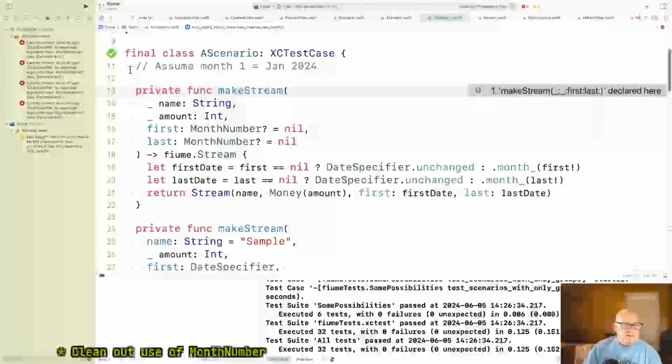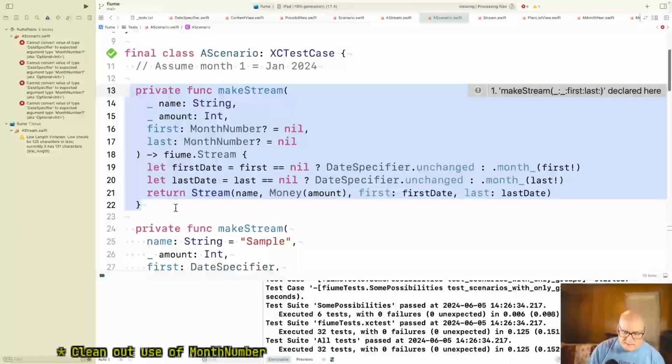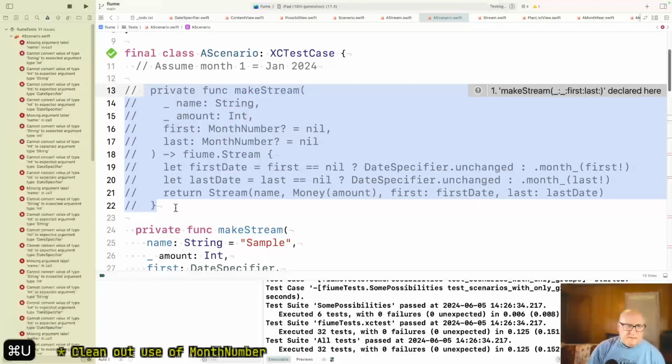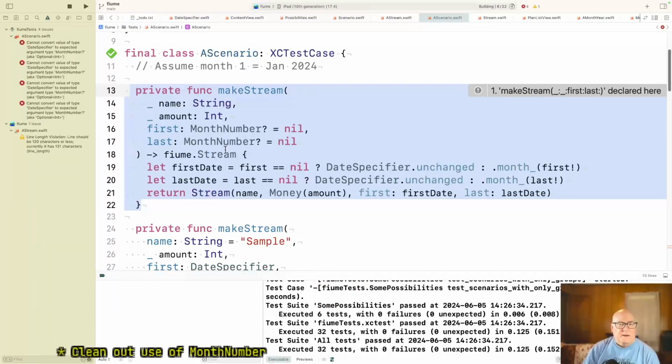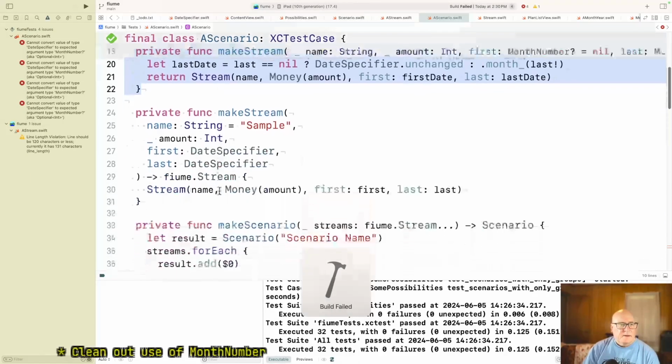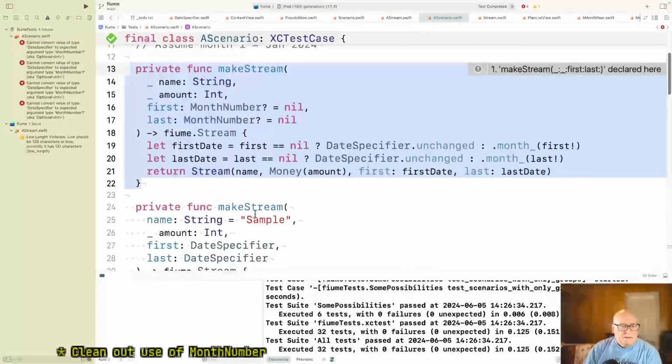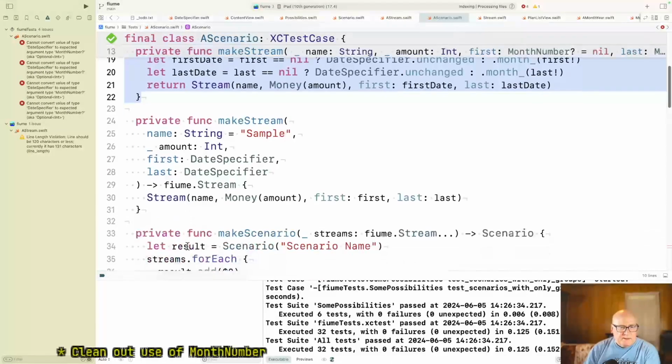All right, I'm going to take this one out. Of course he'll break, but trying to wake him up as to who's there. Make stream with name, optional, amount, and date spec.